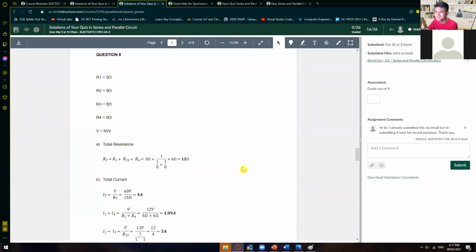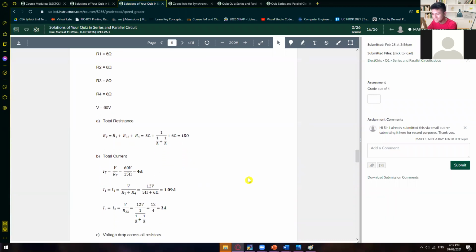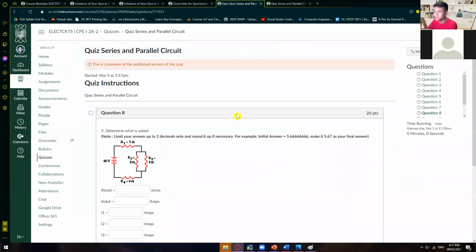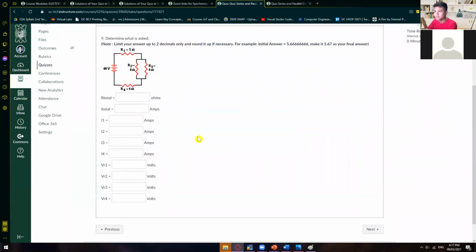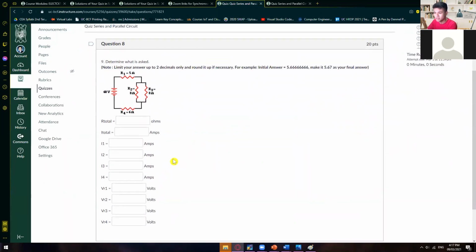Anyway, so let's now continue our solutions with your quizzes. For the quiz discussion number 8, we have this parallel part or connection. This one is actually super simple. Just combine those two into one resistance, and then you'll have a series connection already.